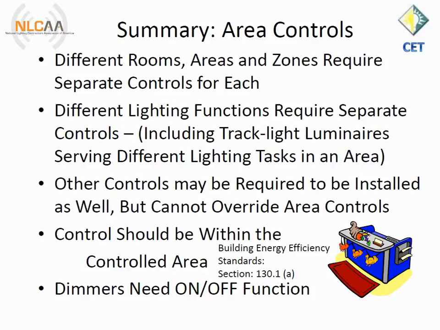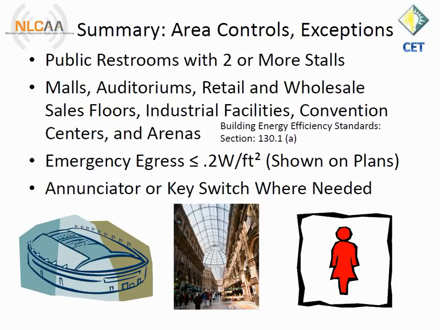These area controls cannot be overridden by other more sophisticated controls. In other words, you gotta be able to turn the lights off. There are exceptions to this, far too few, and I mean exceptions to putting the area control in the area with the lighting, and we'll see this in a few minutes.